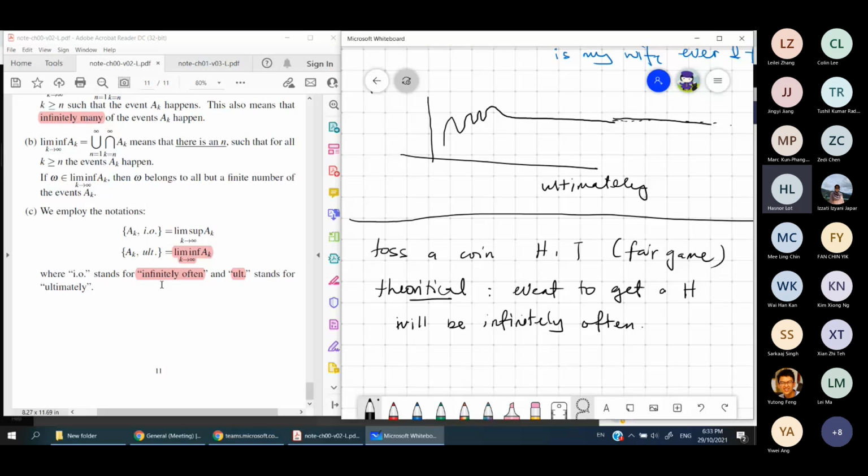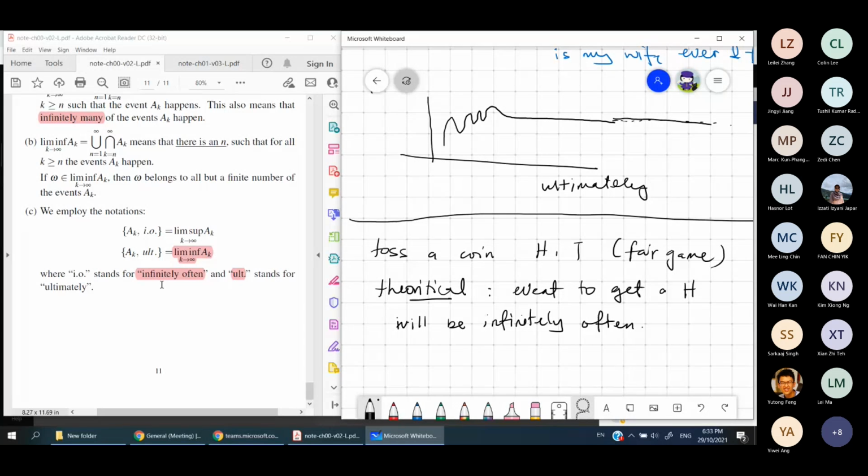Hello, Professor. Yep. I just want to ask whether this distinction between infinitely often and ultimately is useful, for example, when we're talking about the weak versus the strong law? Weak law and strong law?